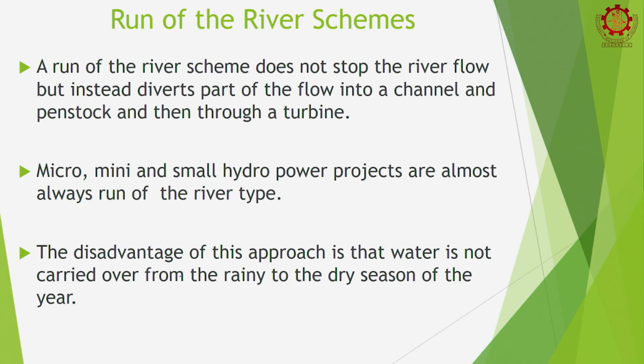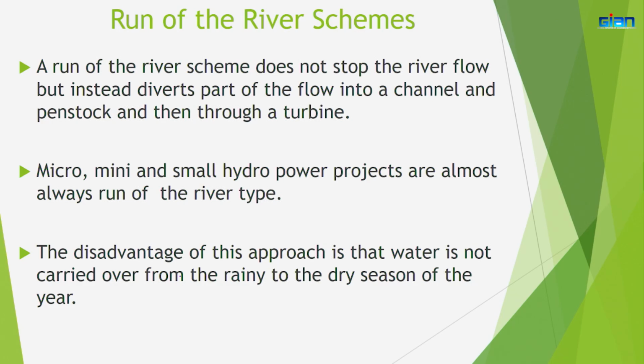So, there are very few, maybe 3-4%, of small hydropower plants connected to reservoirs. That is not because a reservoir was made for the mini hydropower plants, that is because a reservoir was available, and therefore that was utilized to create a mini hydropower plant. Otherwise, all small hydropower plants come into the run-of-river category. We will see what run-of-river is in more detail if you did not get the full idea, in the later slides, where I will be discussing with some diagrams.